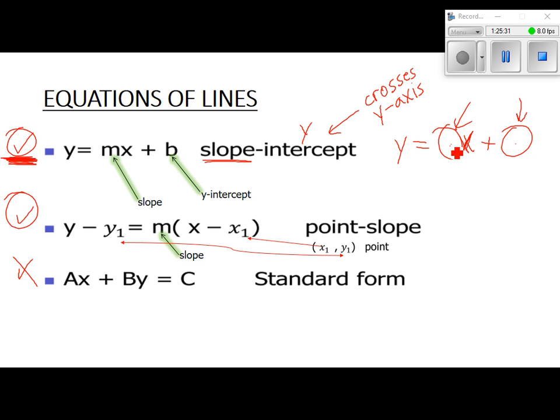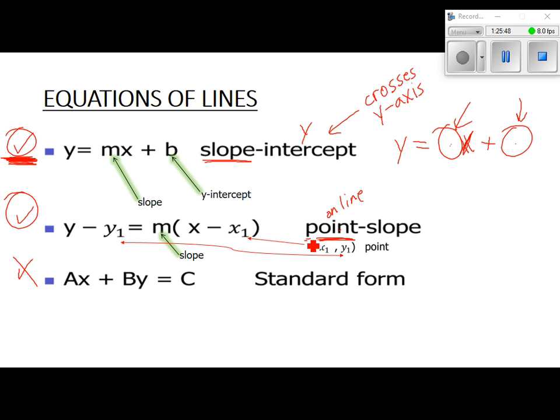Most students don't like point slope. To know or to write something in point slope form, all you need is a point that's on the line and the slope of the line. So any point that's on the line. Point slope's actually an easy form.